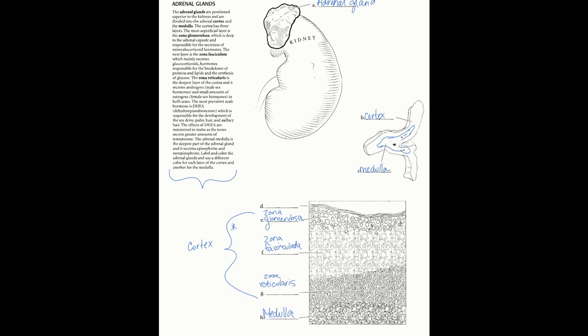Okay. And that will be your physiological notes. And then finally, our outermost membrane of our adrenal gland is the capsule. It's kind of like the encasement layer.